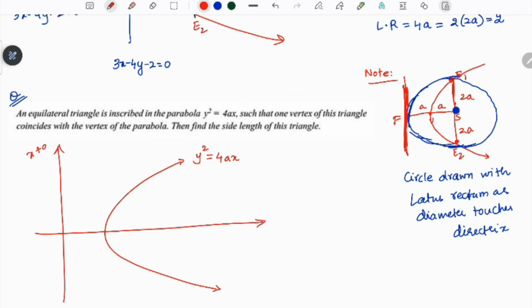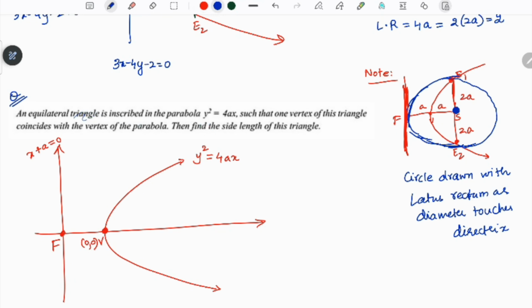Directrix is x plus a is equal to 0. Focus is (a, 0). Foot of the directrix is (minus a, 0). Vertex is (0, 0). Whenever they say vertex of the parabola, it is nothing but where the parabola is intersected by the line of symmetry.